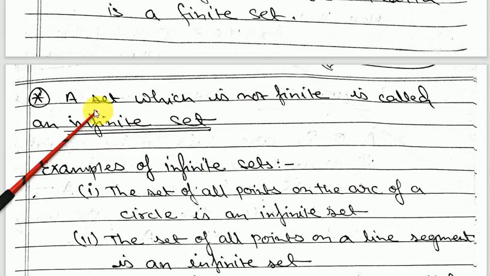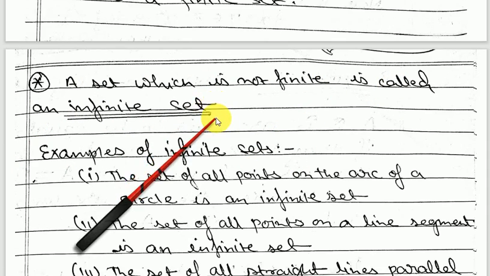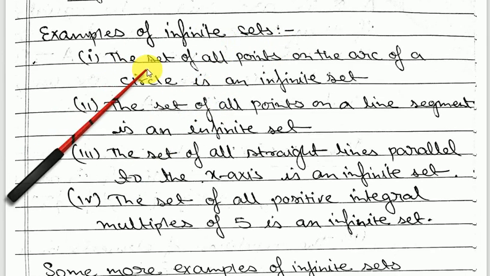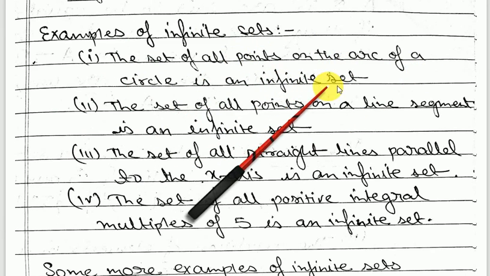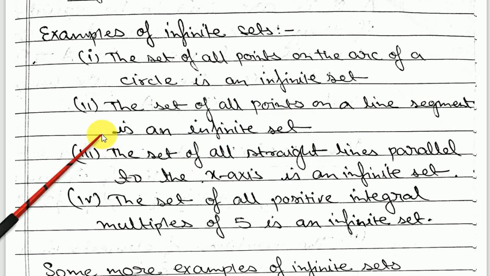Next, a set which is not finite is called an infinite set. Examples of infinite sets are here. The set of all points on the arc of a circle is an infinite set. The set of all points on a line segment is an infinite set. The set of all straight lines parallel to the x-axis is an infinite set.